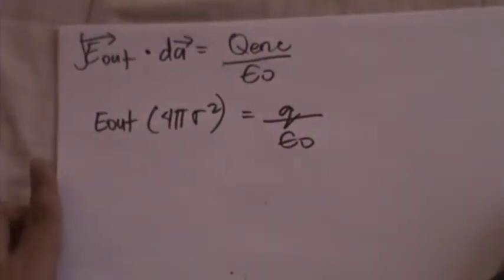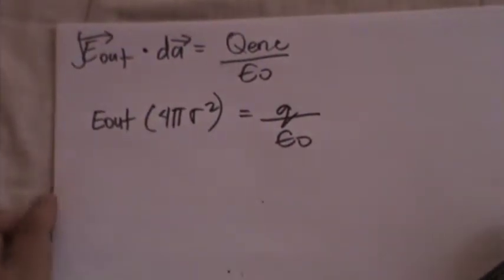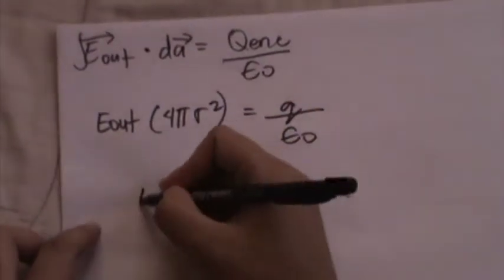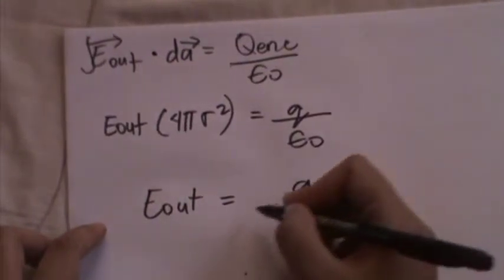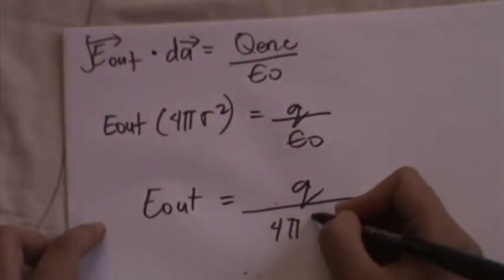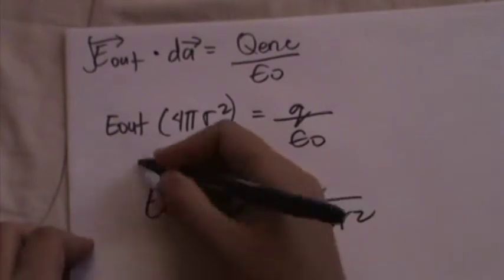Then if we manipulate this one, you cross multiply, and your electric field outside will be equal to Q over 4 pi epsilon naught r squared.